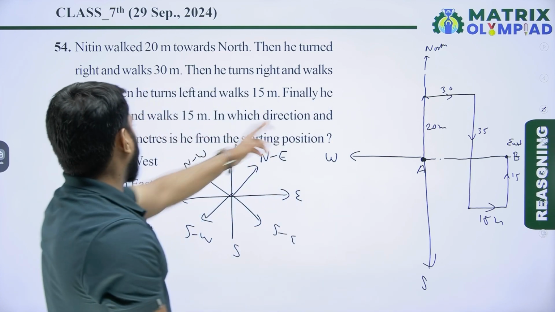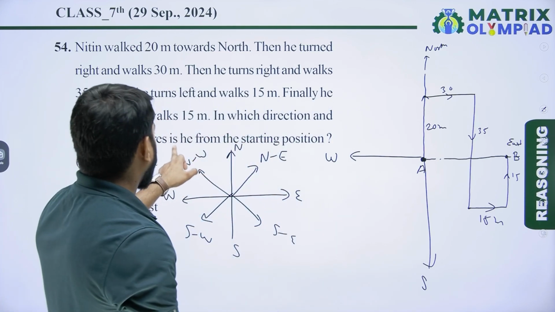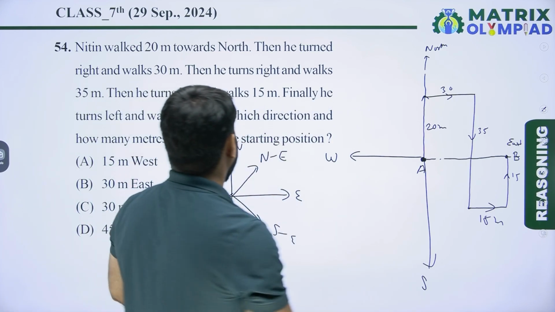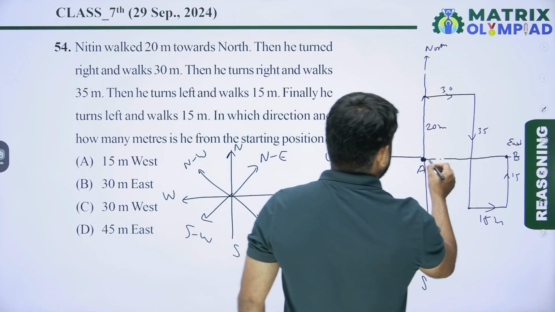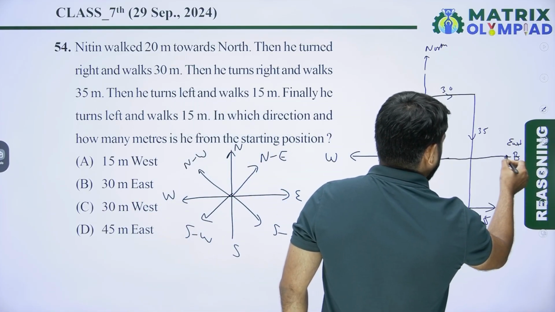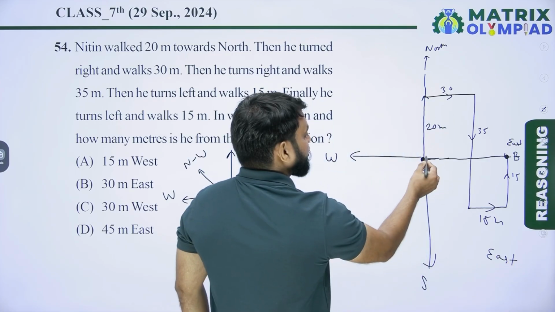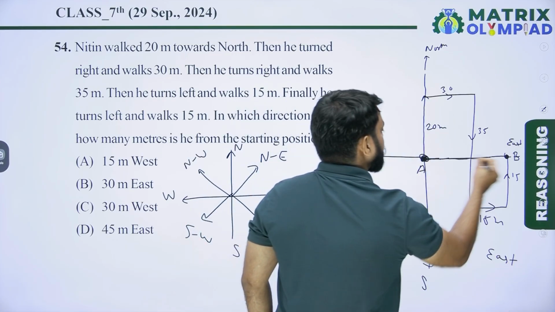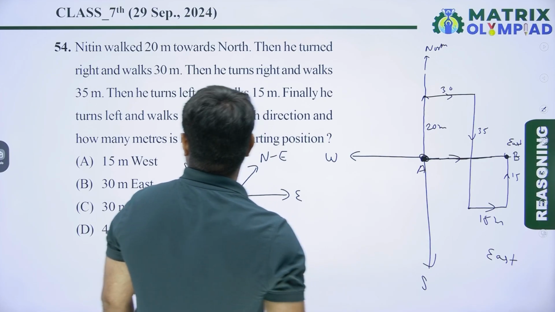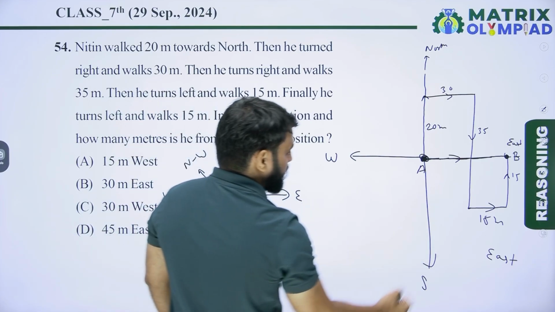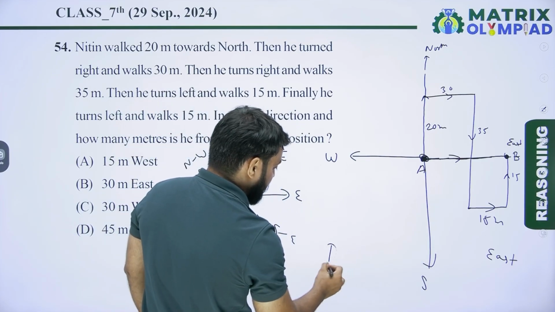In which direction and how many meters is he from the starting position? So Nitin is in the east direction from the starting point, and now how many meters?